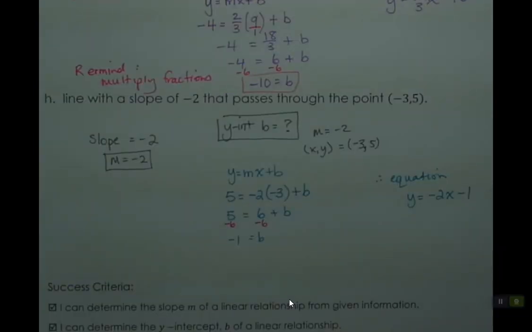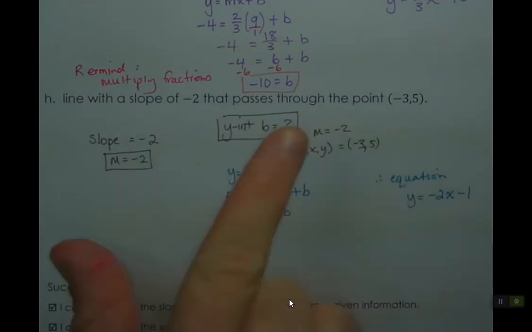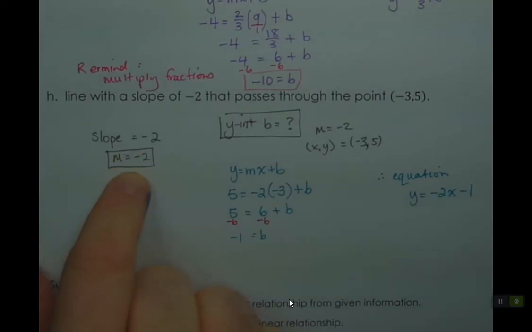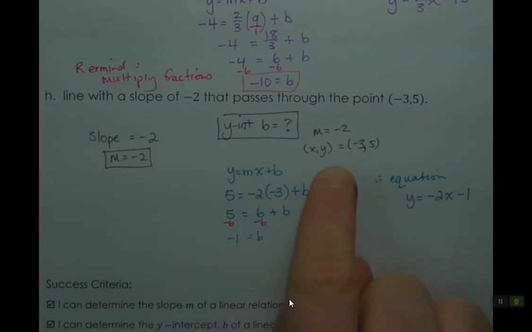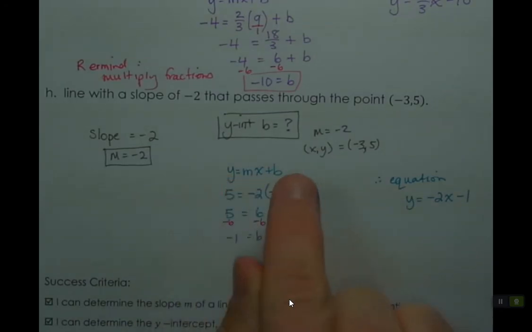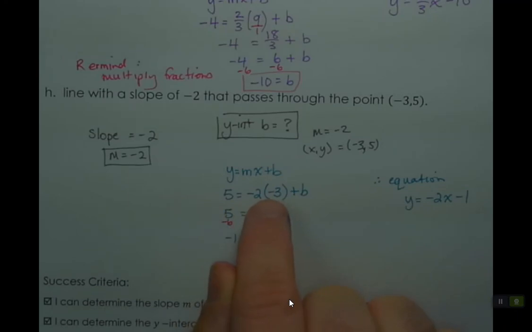From the equation, slope equals -2, and it passes through that point. So I know my value of m. I have to go back and find my value b, but I can use the slope m and my point x, y to plug into my equation to isolate b. I substituted y for 5, m for -2, x for -3.